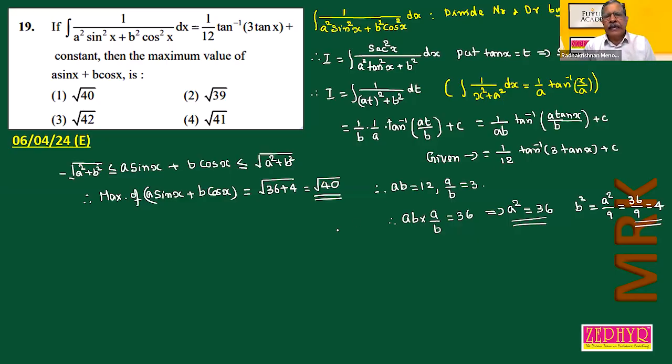So after integrating, find out A squared and B squared, and the maximum value of A sin x plus B cos x is root 40. Minimum value is minus root 40. So the answer is option 1. Okay, understood.